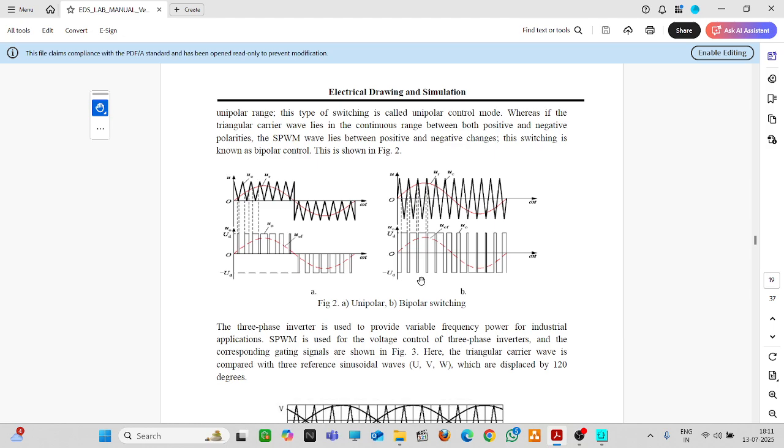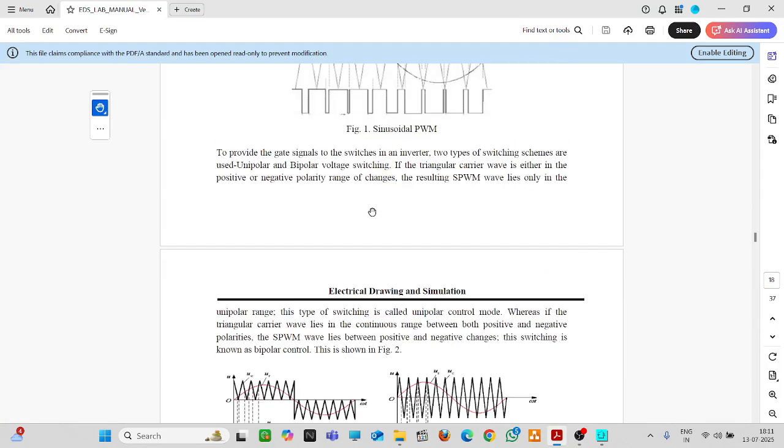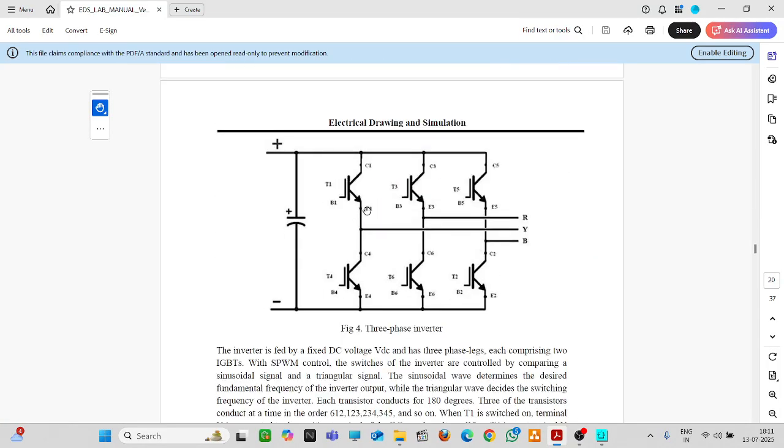We'll be focusing on the bipolar switching. There are two types of switching, unipolar and bipolar. It means that if you take only one phase leg, that is S1 and S4, or you can say T1 and T4, this is going to operate in a complementary fashion.